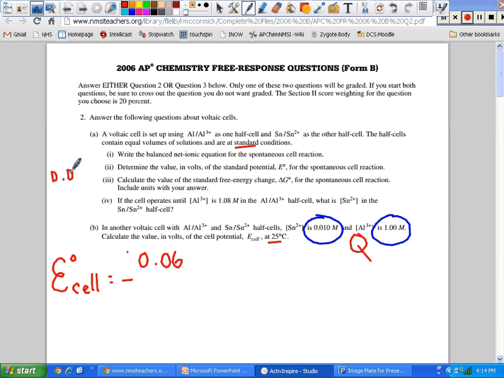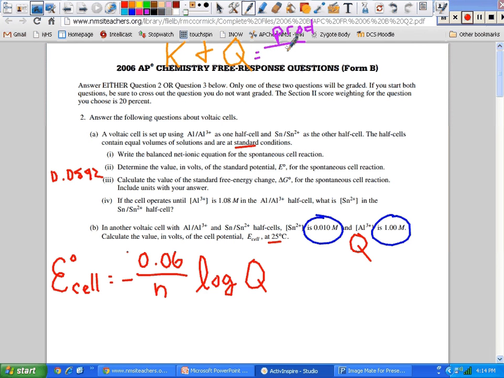And it says n and the log of Q. Now, we know that K and Q are the same thing, right? What do they always equal? Products over what? Reactants. And then here's the key part. Don't miss this part. What else do you do? Raise it to the what?